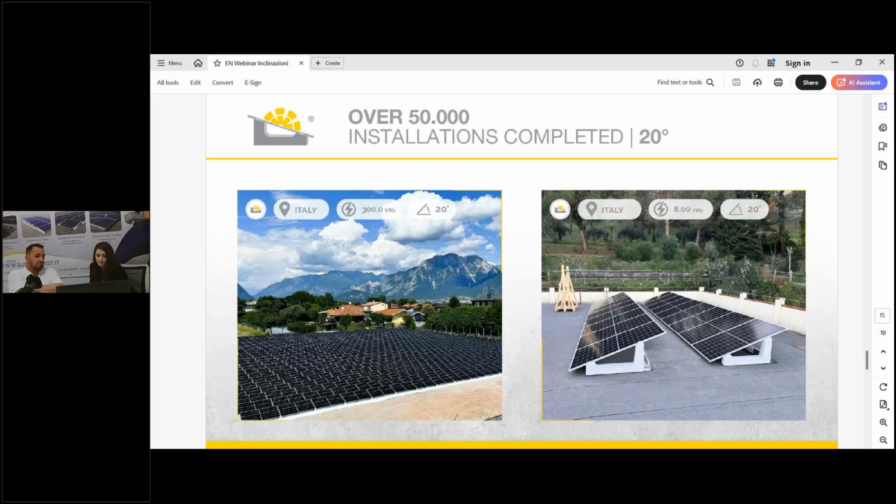Not a lot to explain. One of them is on the ground, one of them is on a flat bitumen roof. The distance that we see from panel to panel is of course adjustable. We always consider going over 80 centimeters to 1 meter, even at 20 degrees, to avoid shading. And in the first case, there was enough space, so they could go for a higher inclination.